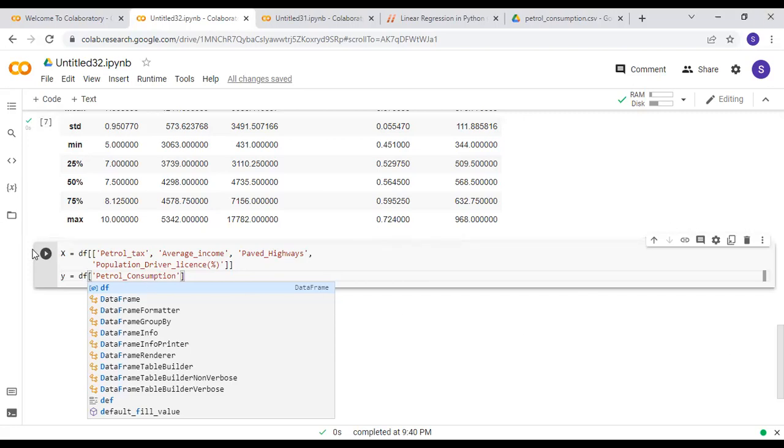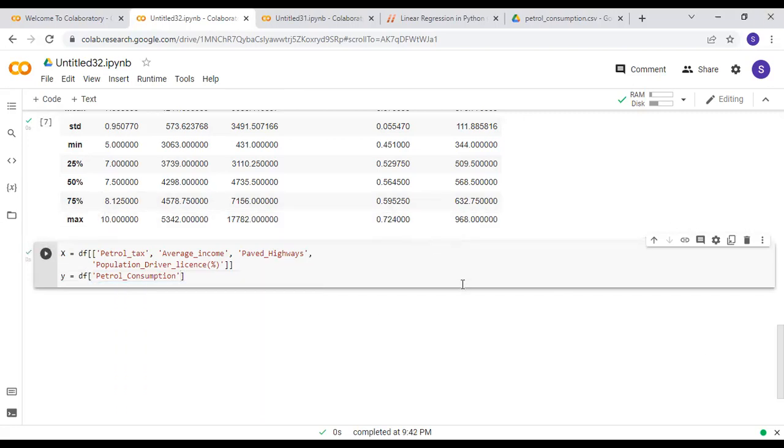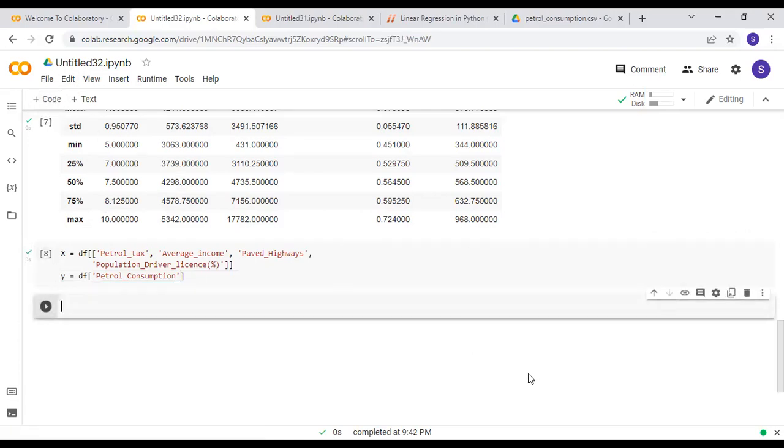So we are preparing this data. Preparing the data means I am just declaring from the data set which will be my predicted values and which will be my target value.